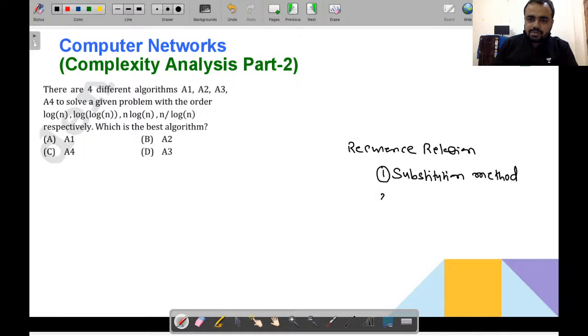First one is the substitution, second one is the master theorem, and third one is the recursive tree.